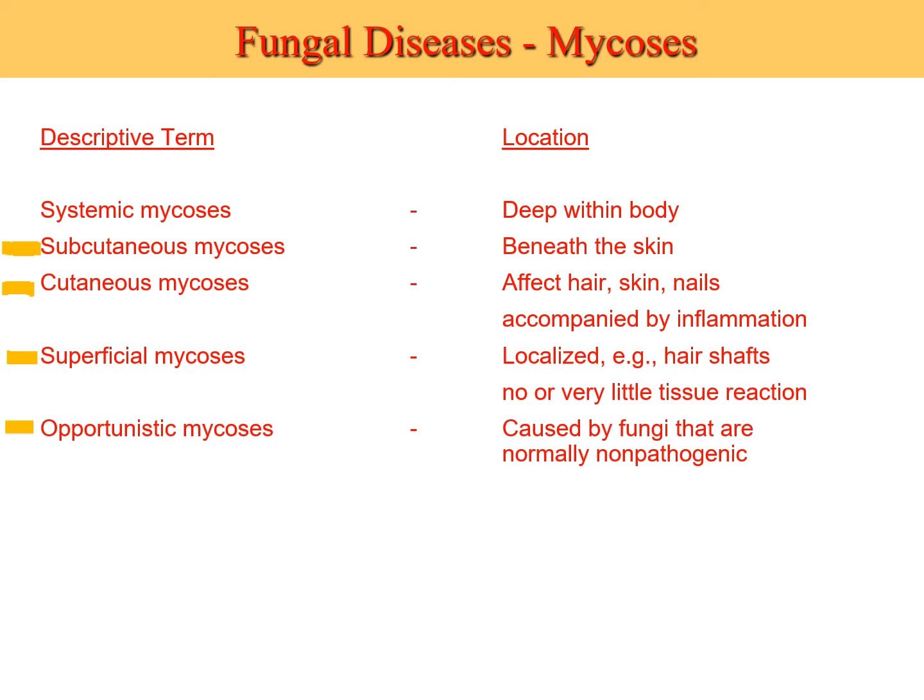They're deep within the tissues. Subcutaneous mycoses are just beneath the skin. Cutaneous mycoses affect keratinized structures that are associated with the skin, like the hair, the top layer of the skin, the nails, and are typically accompanied by inflammation.